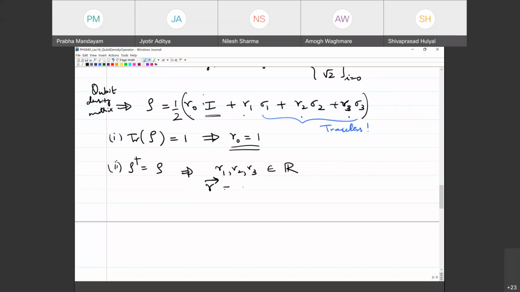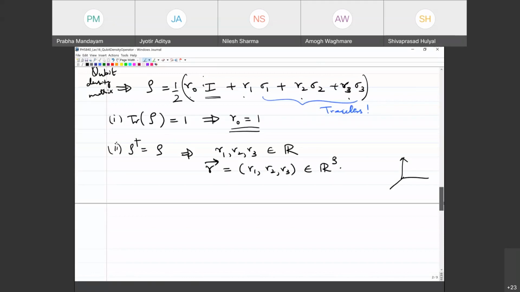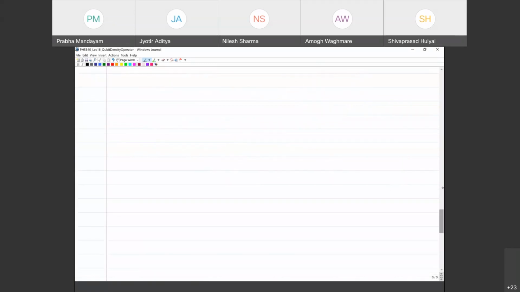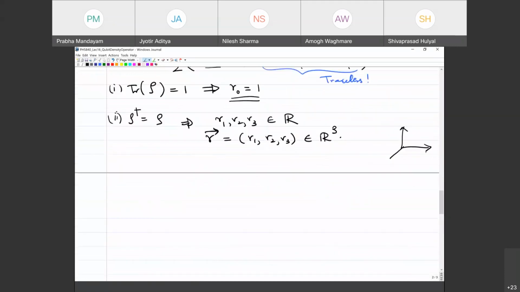R vector with entries R1, R2, R3, which is essentially a vector in my usual 3-dimensional real space. I associated 1 with X, 2 with Y, and 3 with Z for a reason. So now you see things get interesting. I can mark this out on a 3-dimensional vector space with a vector. Okay? But there are more constraints.